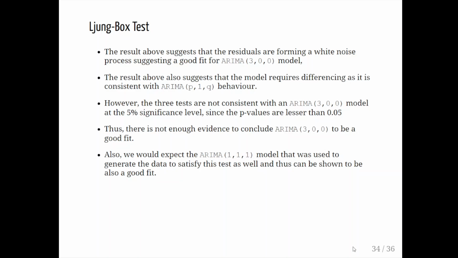Thus, there is not enough evidence to conclude that the ARMA(3,0) is a good fit. Also, we would expect the ARIMA(1,1,1) model that was used to generate the data to satisfy this test as well, and this can also be shown to be a good fit. We're not going to do that because we have done a lot of work today, but essentially this unpacks all of the possibilities that we can work with. Okay, we'll leave it there.